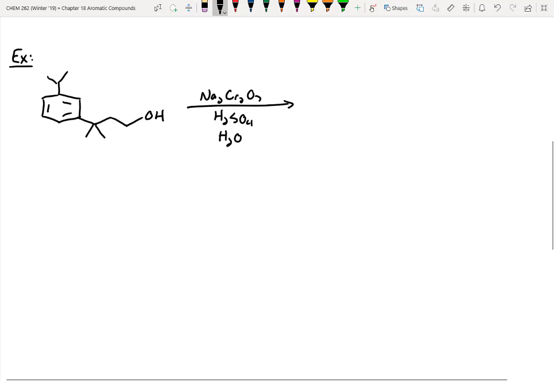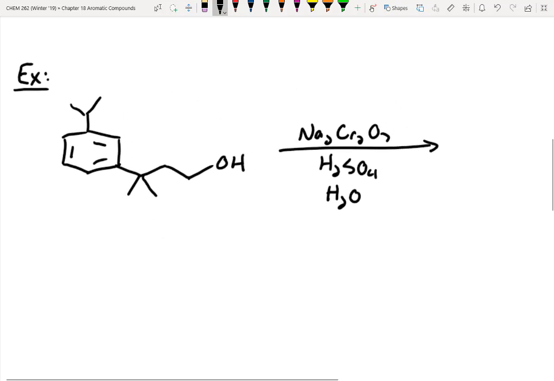All right, so first thing I always do is I try to identify my benzylic carbons. So let's zoom in on this and identify the benzylic positions. I've got a benzylic carbon right there with the red dot. I've got another one right there with the red dot. Is that it? Yes, absolutely. All right, then the next question I have for you is, will both of those benzylic positions react?